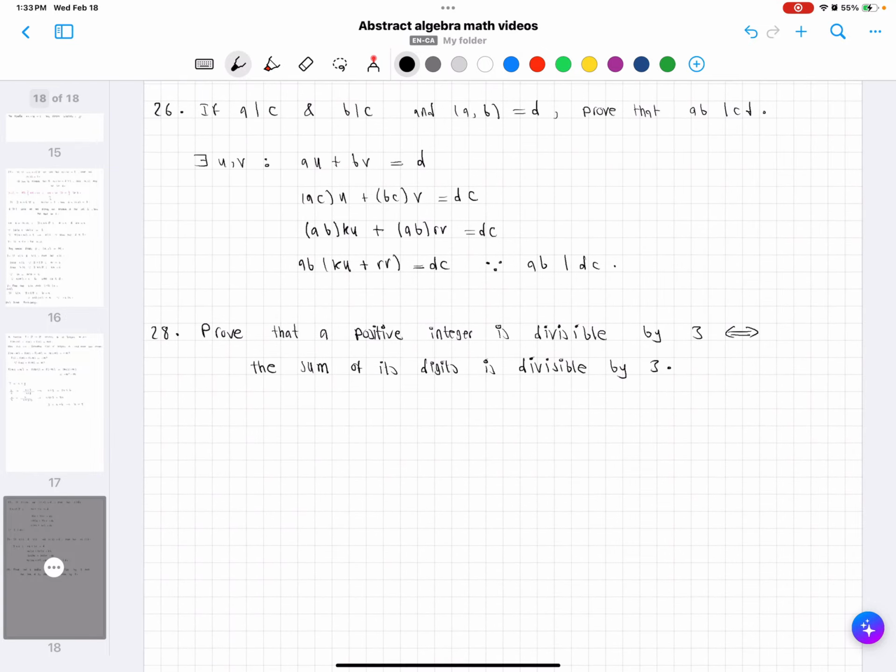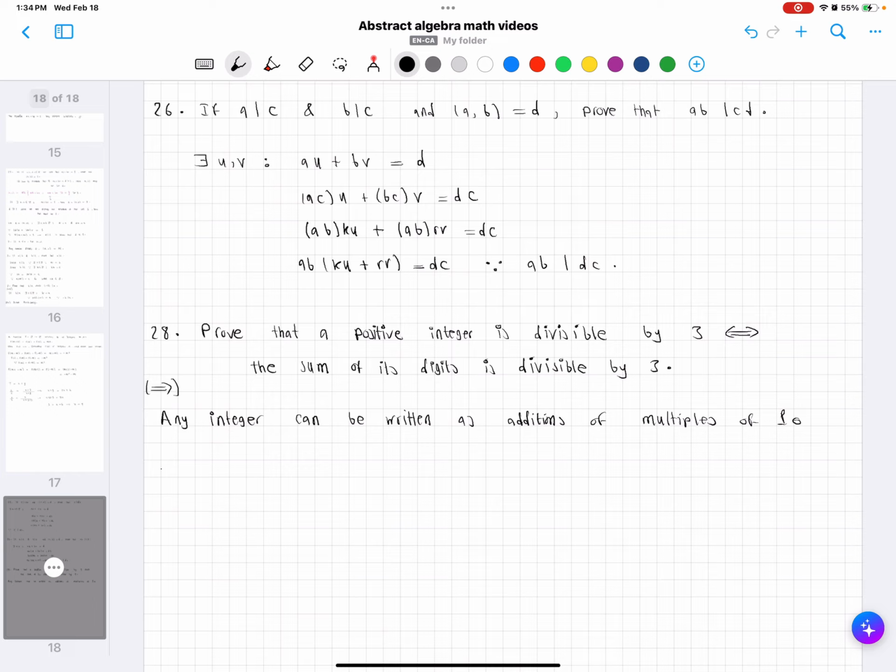So yeah, let's see what's going on. Any integer can be written as additions of multiples of 10. Let's do the forward direction first.